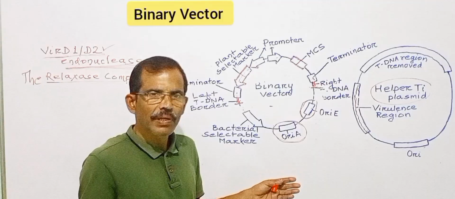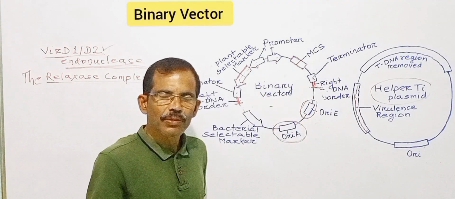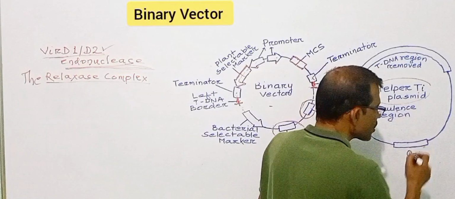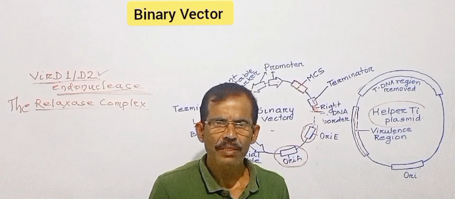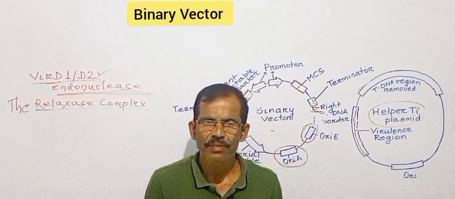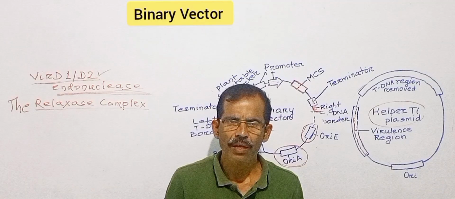After amplification, the recombinant vector is introduced into Agrobacterium along with the helper plasmid. In the next step, transformed agrobacterial cells are identified and then used to infect the target plant.